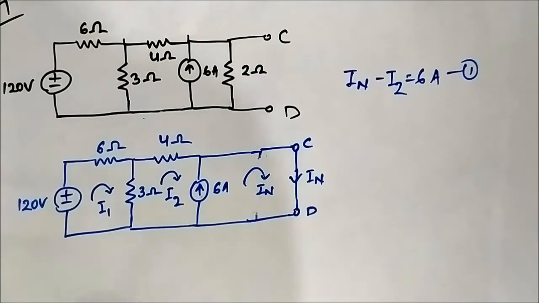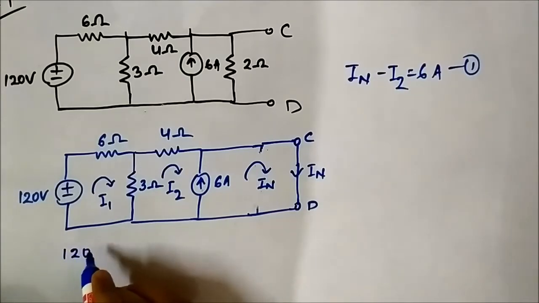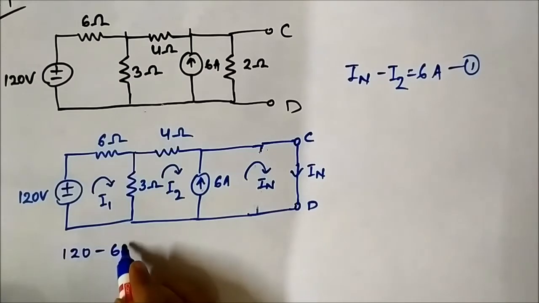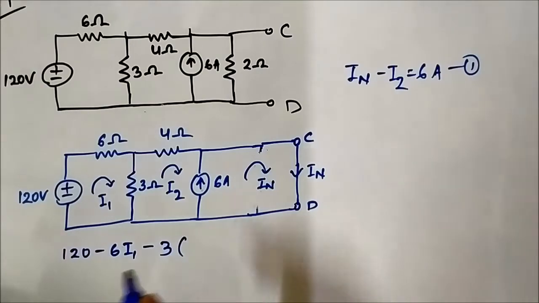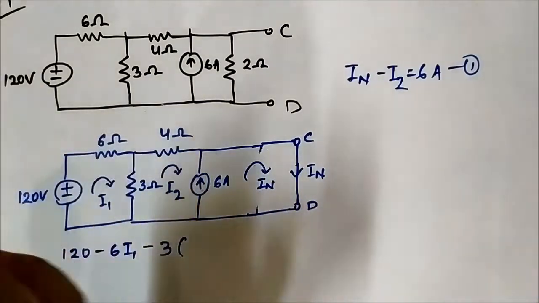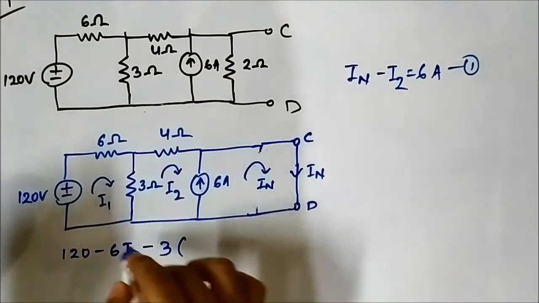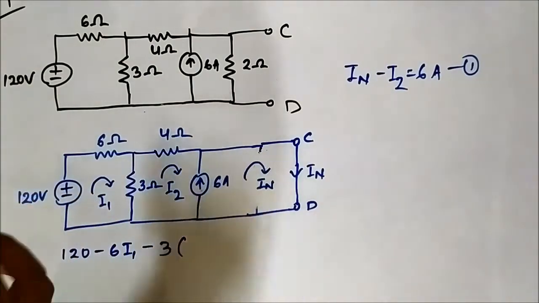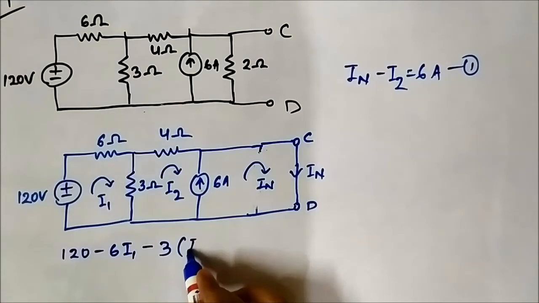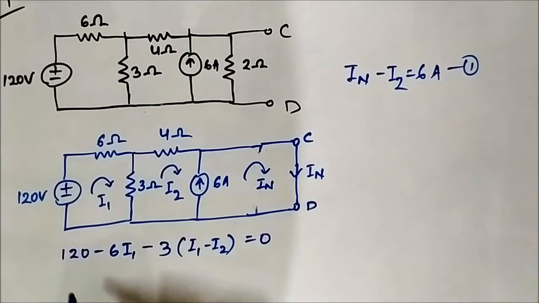Now let us apply KVL to the first mesh, which is 120 minus 6I1 minus 3 into (I1 minus I2), considering I1 as the reference. I1 is flowing downwards, I2 is moving upwards, in the opposite direction, as we are applying KVL to mesh 1. So I1 is the reference, and this equals 0.